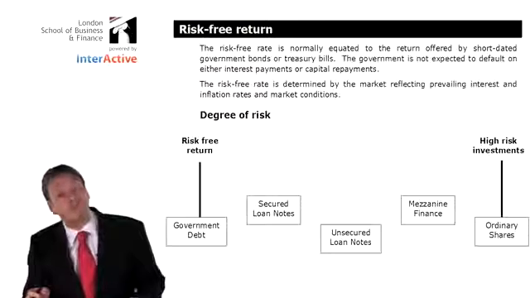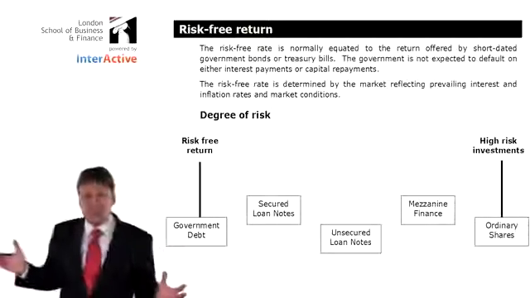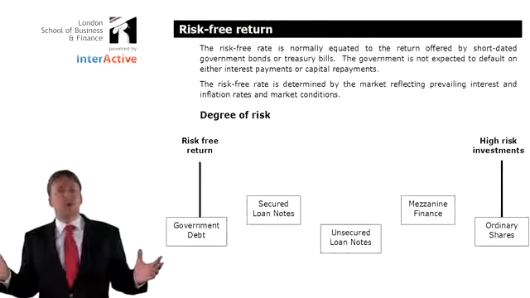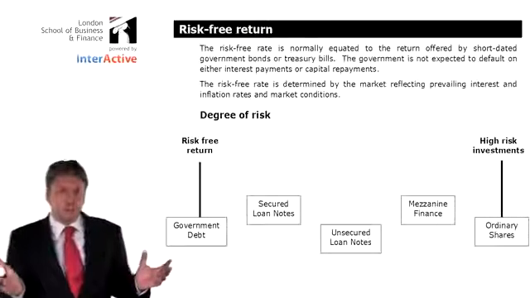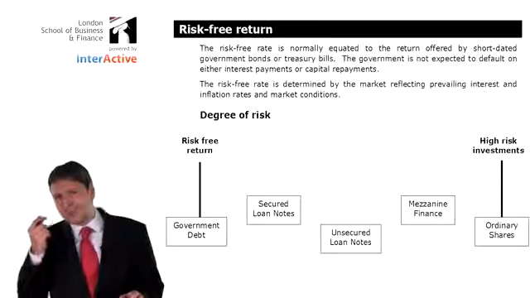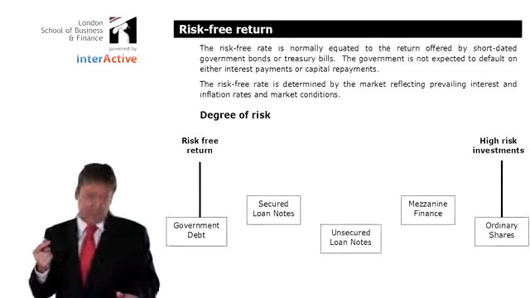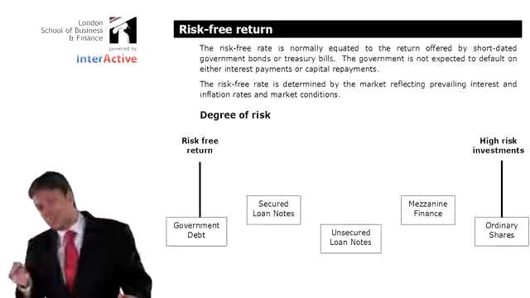If we were to look at risk-free return, where would you get a risk-free return? Well, of course, you're only going to get a risk-free return given that you can find some sort of investment that has absolutely zero risk. And sadly, they do not exist. However, we can get close.